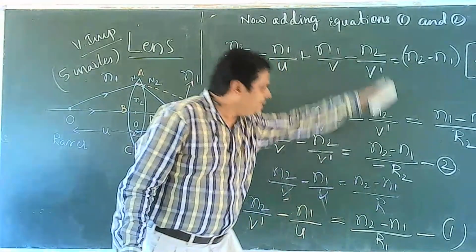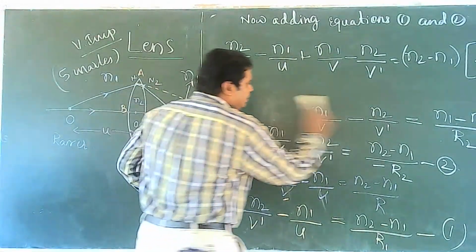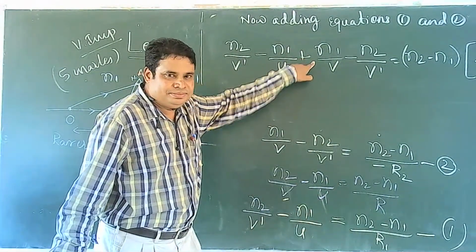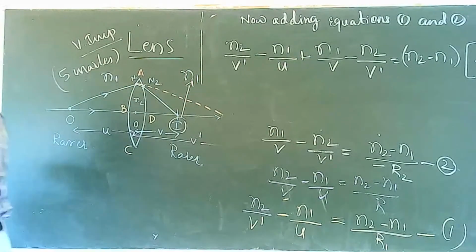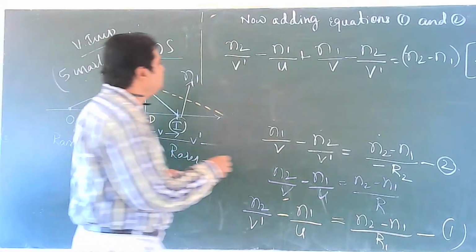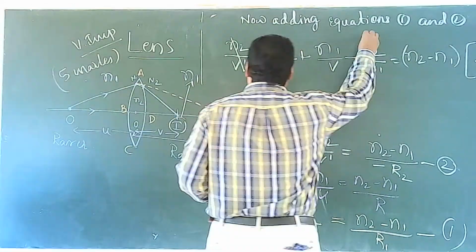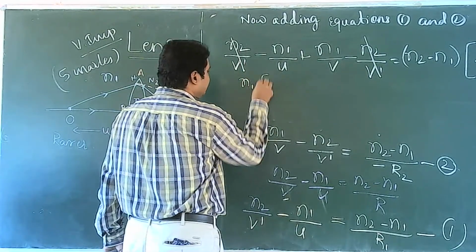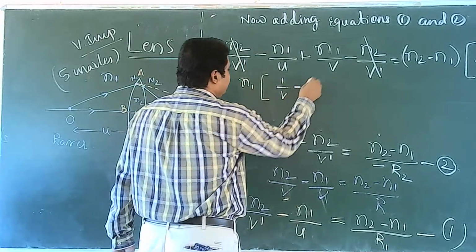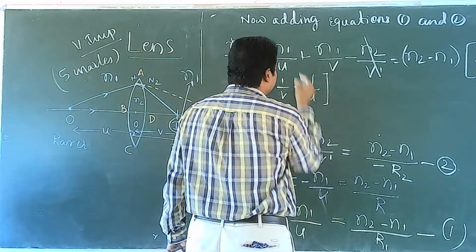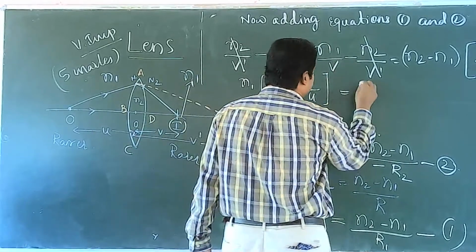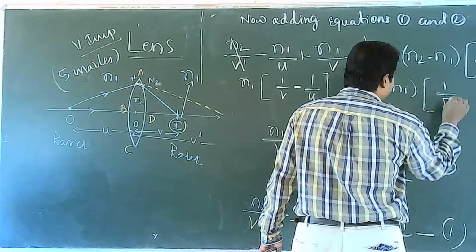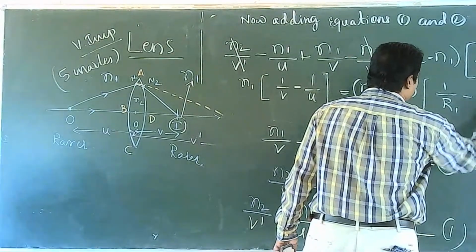Just take n2 minus n1 common. Now this n2 by v dash can cancel. I will write this equation as n1 into the bracket 1 by v minus 1 by u. I can take n1 common, right? It is equal to n2 minus n1 into 1 divided by r1 minus 1 divided by r2.